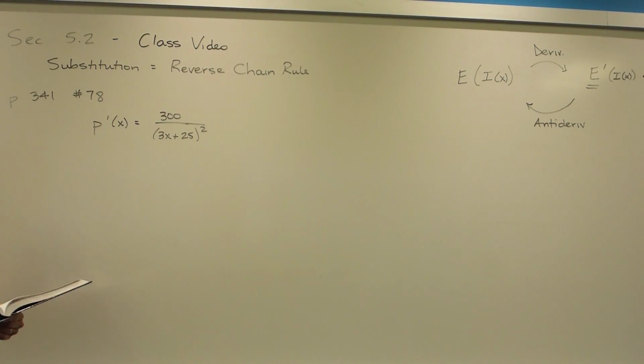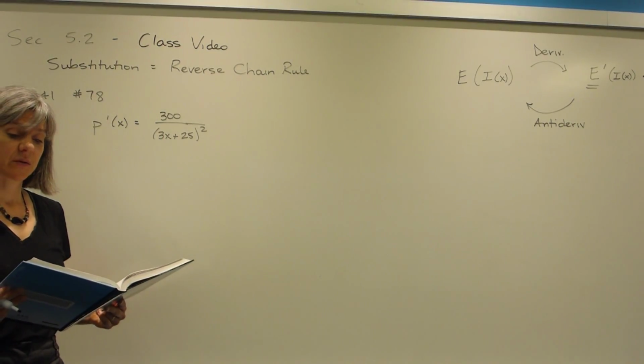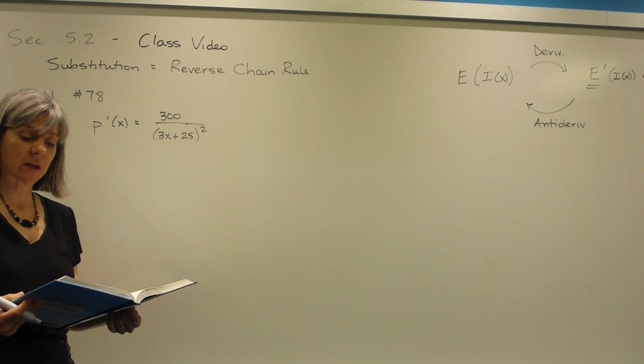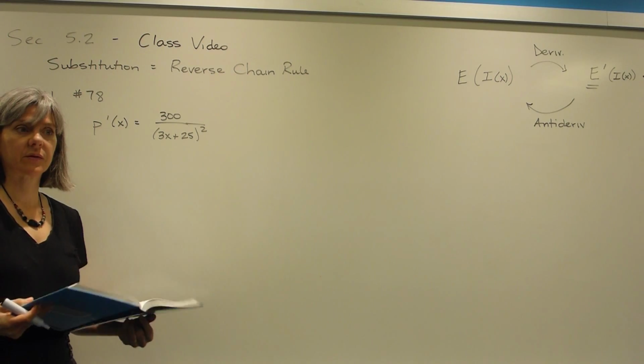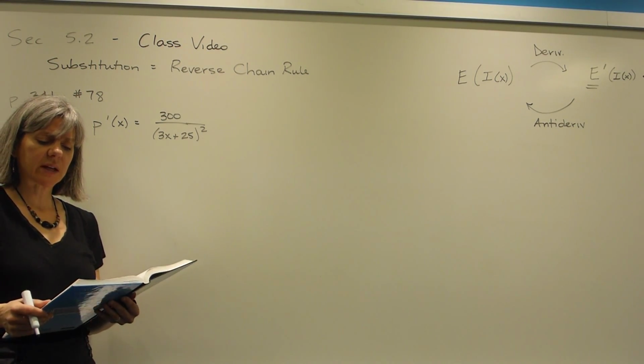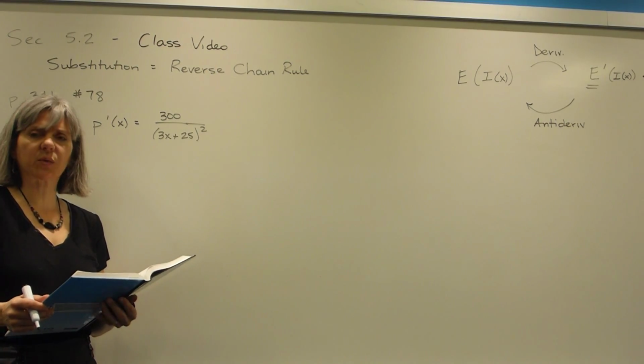Find the price-supply equation if the distributor is willing to supply 75 bottles a week at a price of $5. What does that last sentence mean? Willing to supply 75 bottles a week at a price of $5.